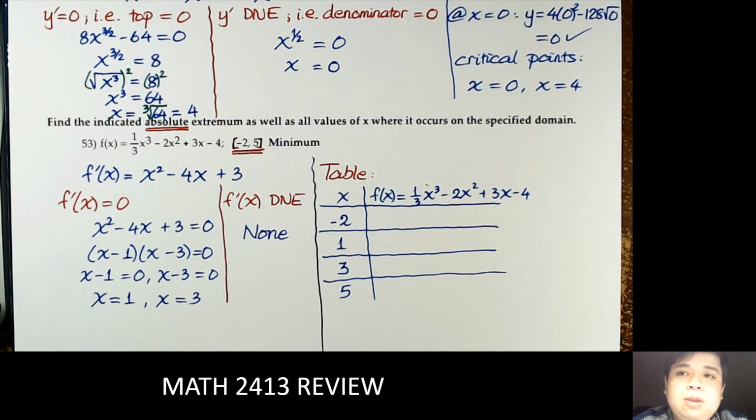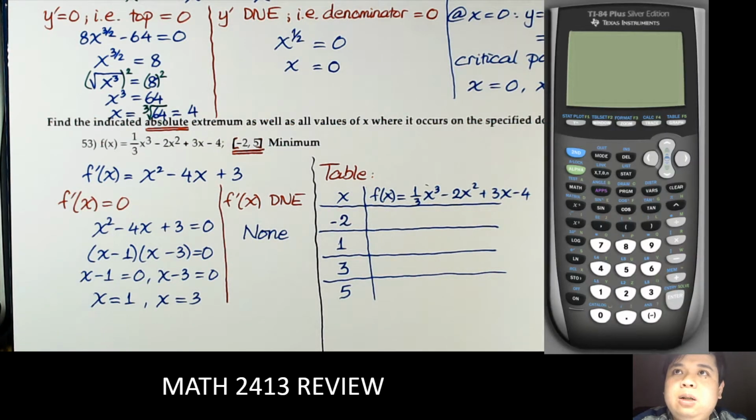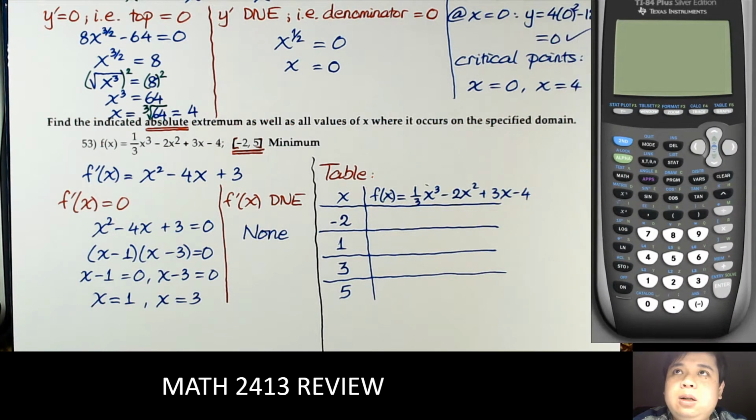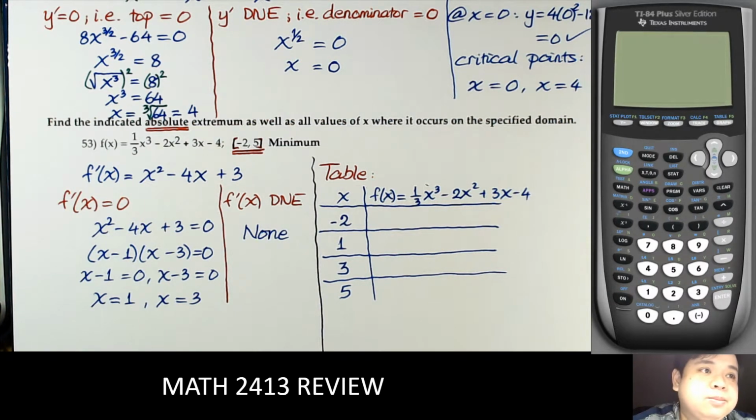Right. So let's put it on the calculator. Actually, I think I put it there, we should still be able to see it. Right. I will enter the function: 1 over 3 x cubed minus 2x squared plus 3x minus 4.